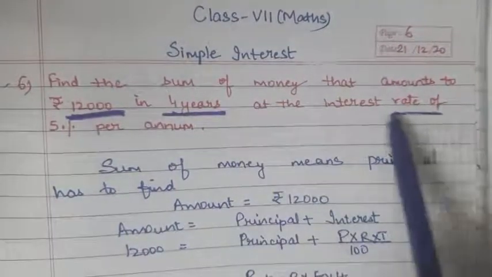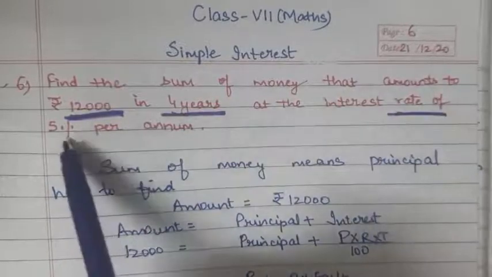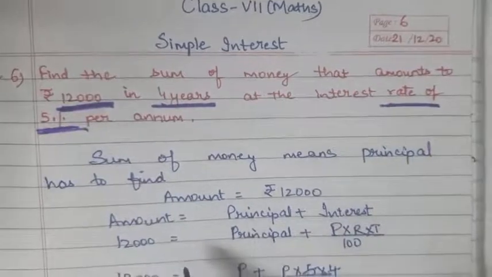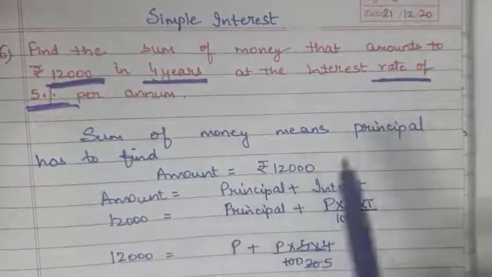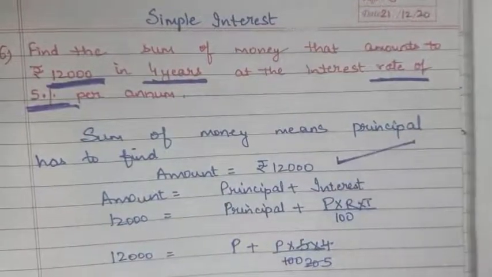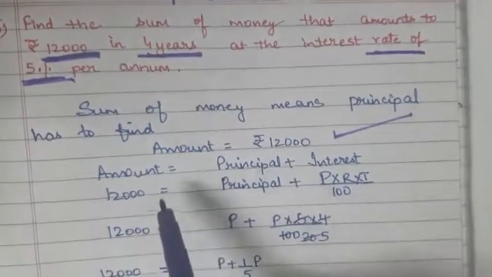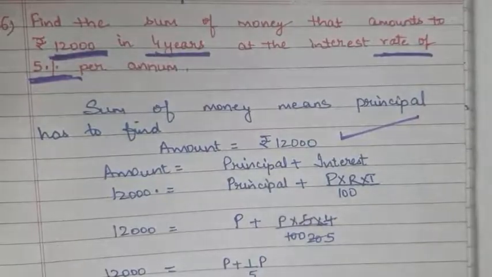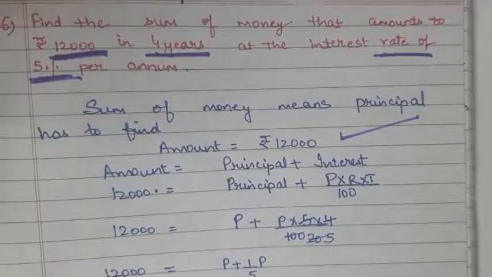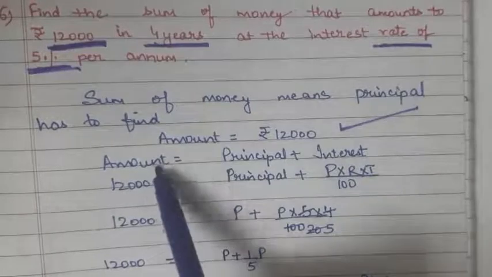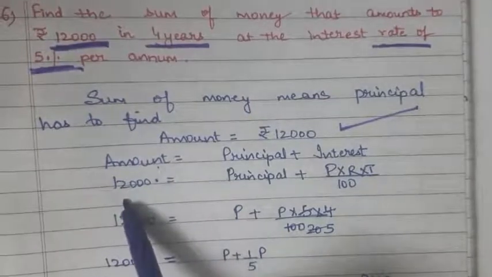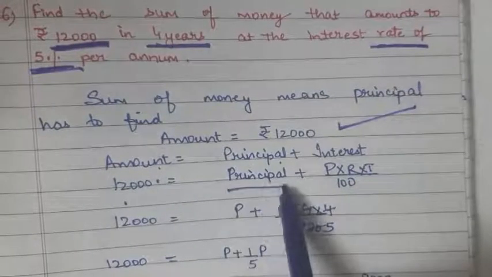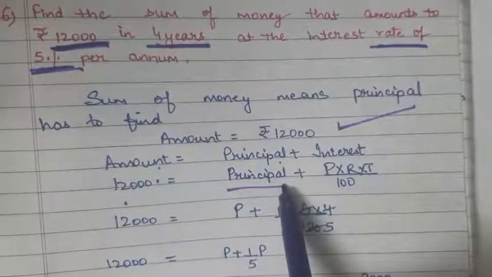And what is rate of interest? Rate of interest is 5%. Now children, listen carefully. Amount is 12,000. We know the formula for amount is principal plus interest. Now, amount is given to you, that is 12,000. Principal we have to find out, so let us write it as such.